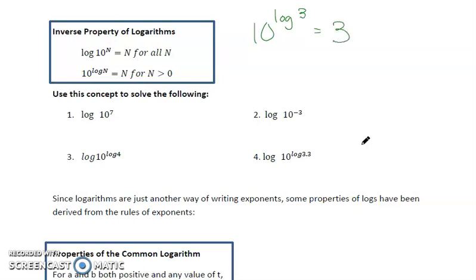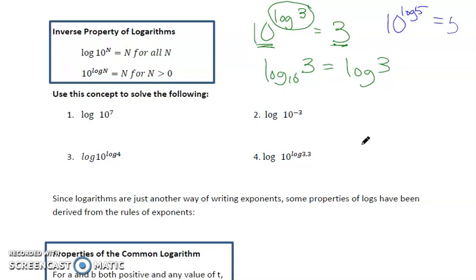If I write this as a log problem, it's the log of my base, which is 10, to my answer, which is 3, and that's going to equal my exponent, which is log 3. So hopefully you see that it's just a fancy way of writing the log problem using some exponents. If I do 10 to the log of 5, that's going to equal 5.